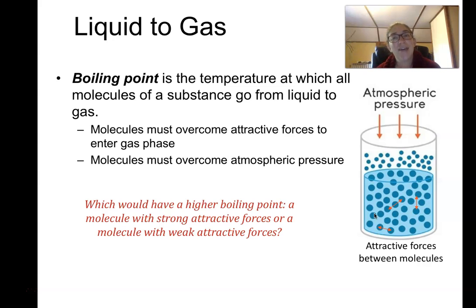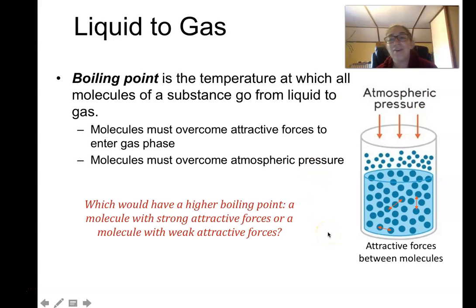You also need to have enough pressure coming off of the liquid to fight the atmospheric pressure that's pushing down on it. So atmospheric pressure pushes down on this liquid, so that gas pressure needs to build up until it matches the atmospheric pressure, and then the gas bubbles can actually leave.